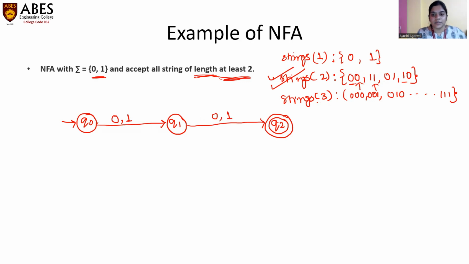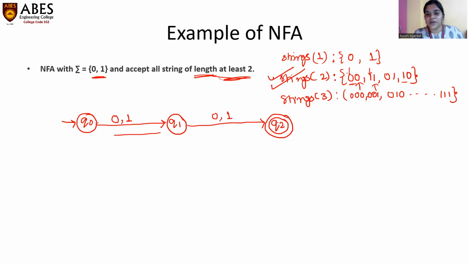See over here, our strings are 00, 01, 10, and 11. We identified that our strings must start with 0 or start with 1, as we have only inputs 0 and 1. So starting with 0 or starting with 1 changes the state from one state to another, which we have shown over here.